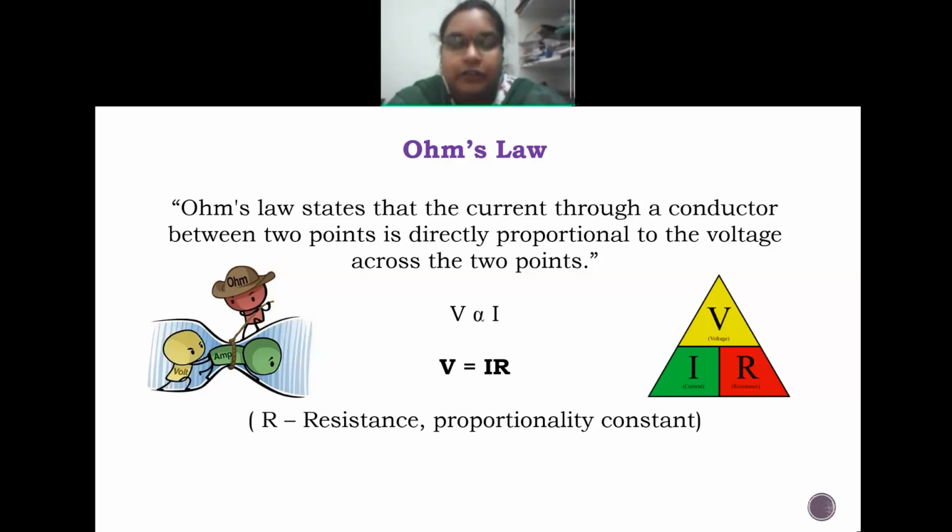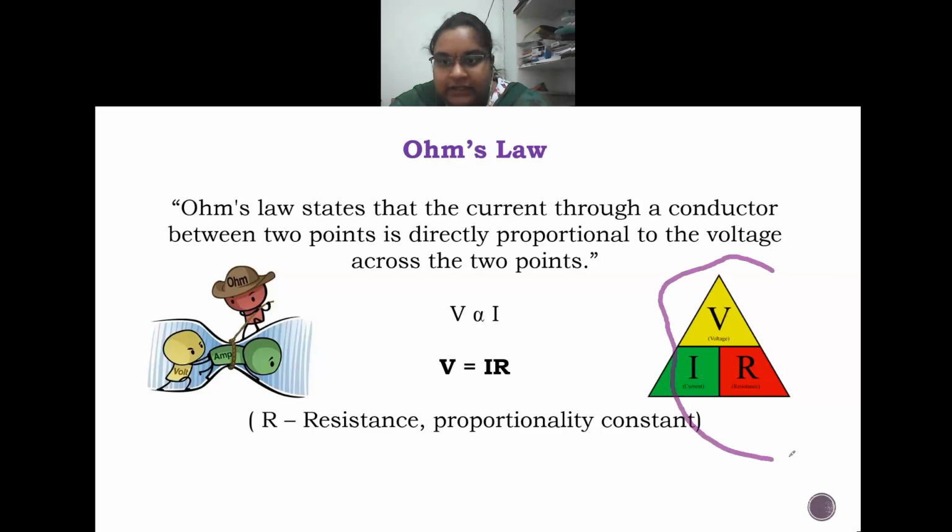By virtue of this property, the current will be opposed in a conductor. So V is equal to IR is Ohm's law, and on the right hand side you can see a triangle.